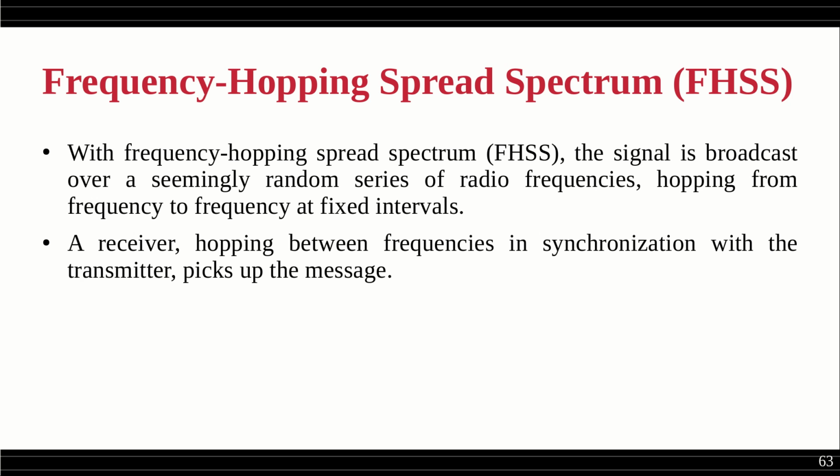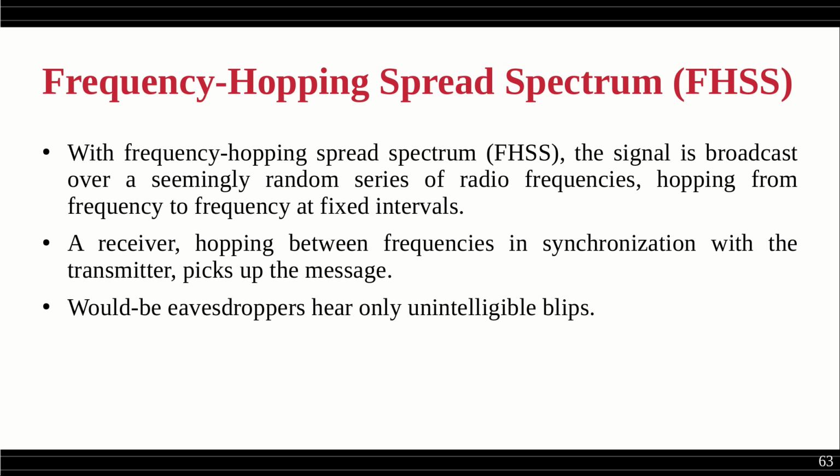So there should be some kind of synchronization between the sender and the receiver, or that spreading code should be communicated between them. If it is communicated prior to the actual communication, then the receiver can tune to the same frequency and pick up the message.